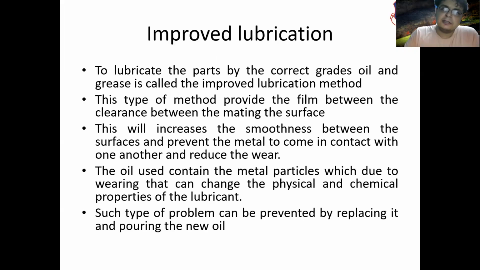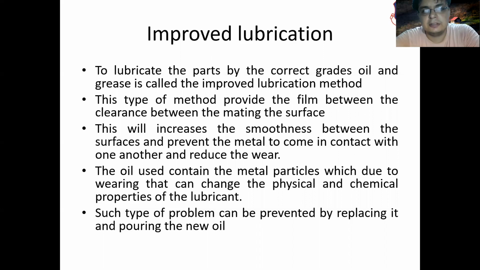So first is the improved lubrication method. We all know that we require a lubricating oil. We need to lubricate all the parts with the correct grade of oil and grease. And this process of lubricating the parts with the correct grade of grease and oil is termed the improved lubrication method.